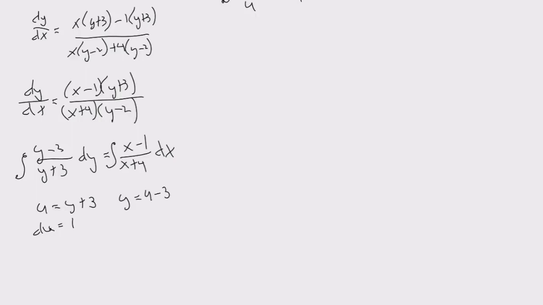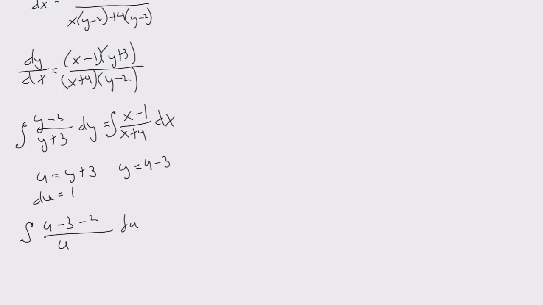So I can come up into that expression and replace the y with u minus 3. That gives me u minus 3 minus 2 over u du. And like I said, we'll come back and deal with the x in a second. So that's u minus 5 over u.